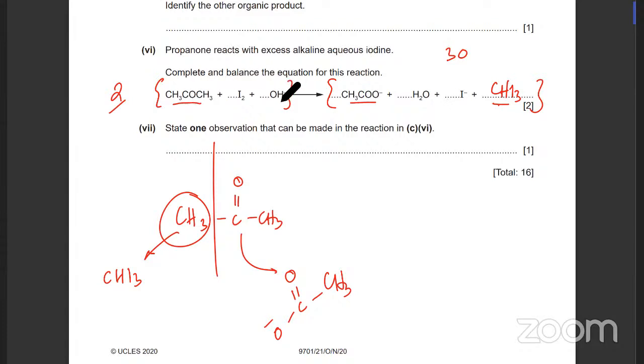Let me just recap. The problem with this balancing is that I can't use oxidation states. If I could, it would help, because the oxidation states are changing a lot in this question. So I can't really use oxidation states to balance this equation specifically.